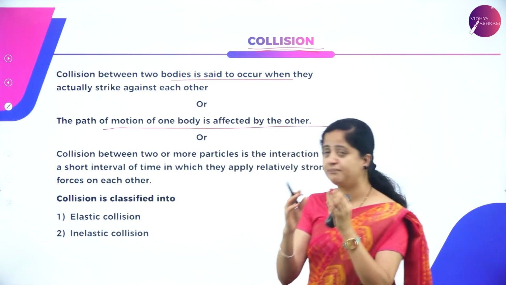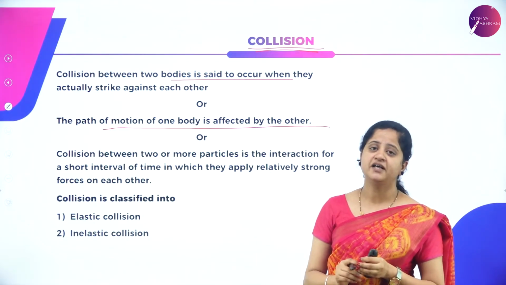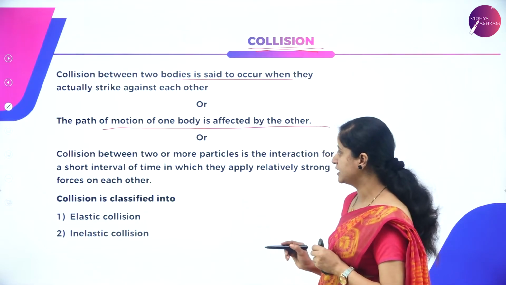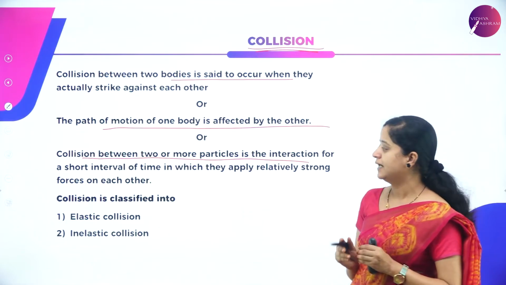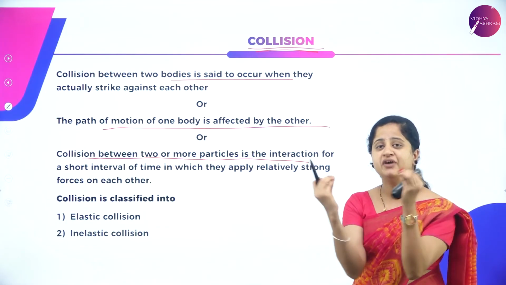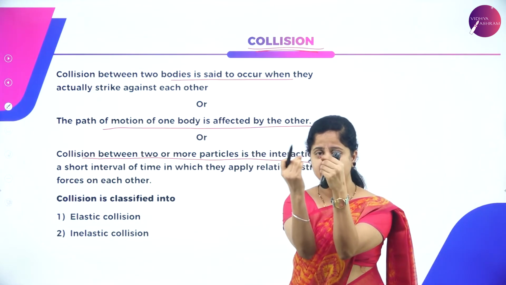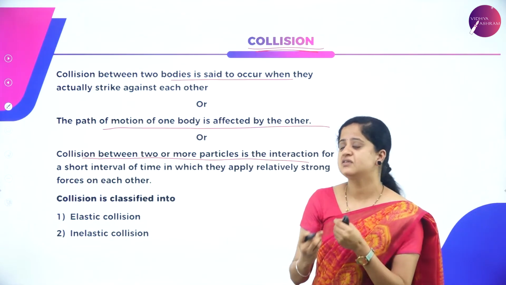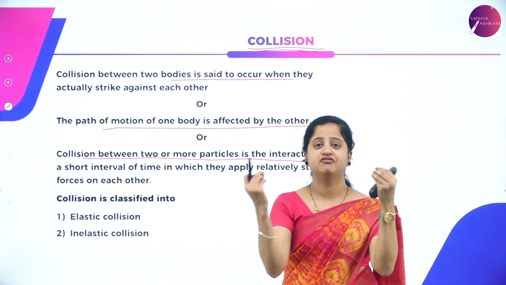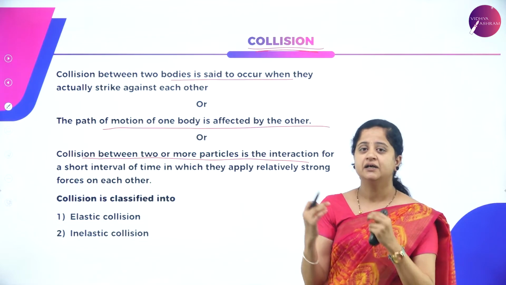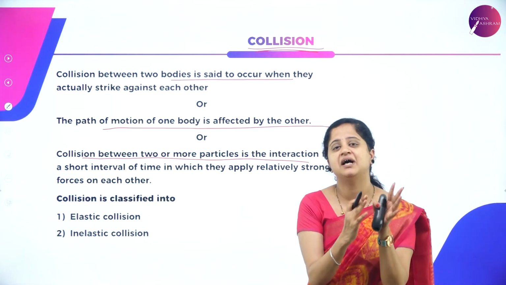So the path of motion of one body being affected by another body is also due to a collision. Or we can also say that collision between two or more particles is the interaction between them for a very short interval of time. So during this interaction, one body applies force on the other body, and one body is strong enough to deviate the path of the other body.